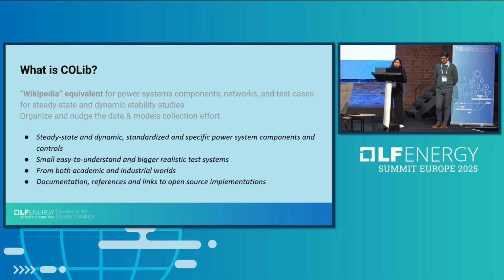And it comes from both the academic and industrial world, meaning we have knowledge from both universities and real-world operators. So it's not only about real models, but it is also educational, and could be used from a research perspective as well.